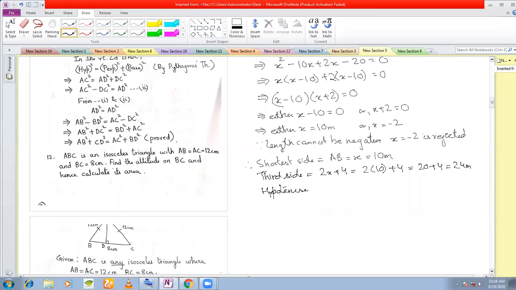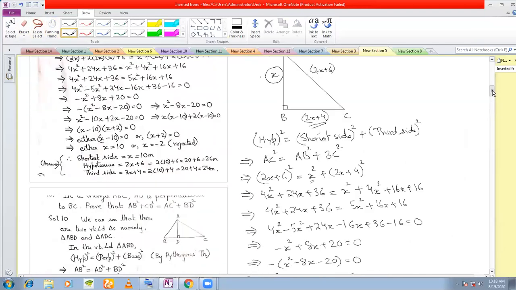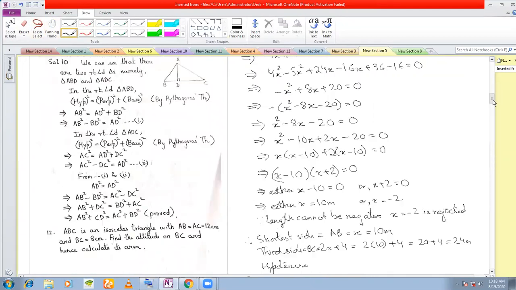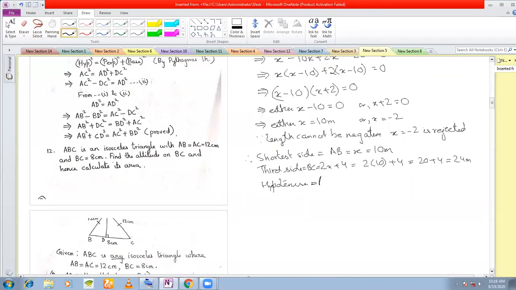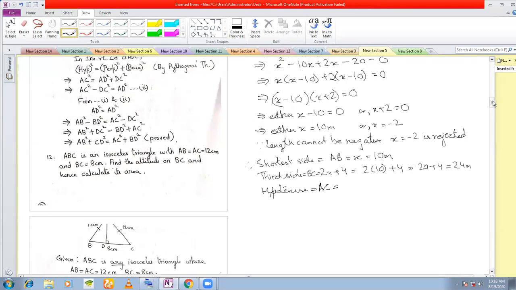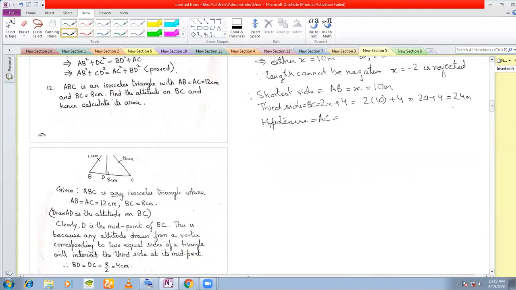The third side is BC. And the hypotenuse is AC, which is 2x plus 6. 2 into 10 plus 6, which is 20 plus 6, 26 meters.